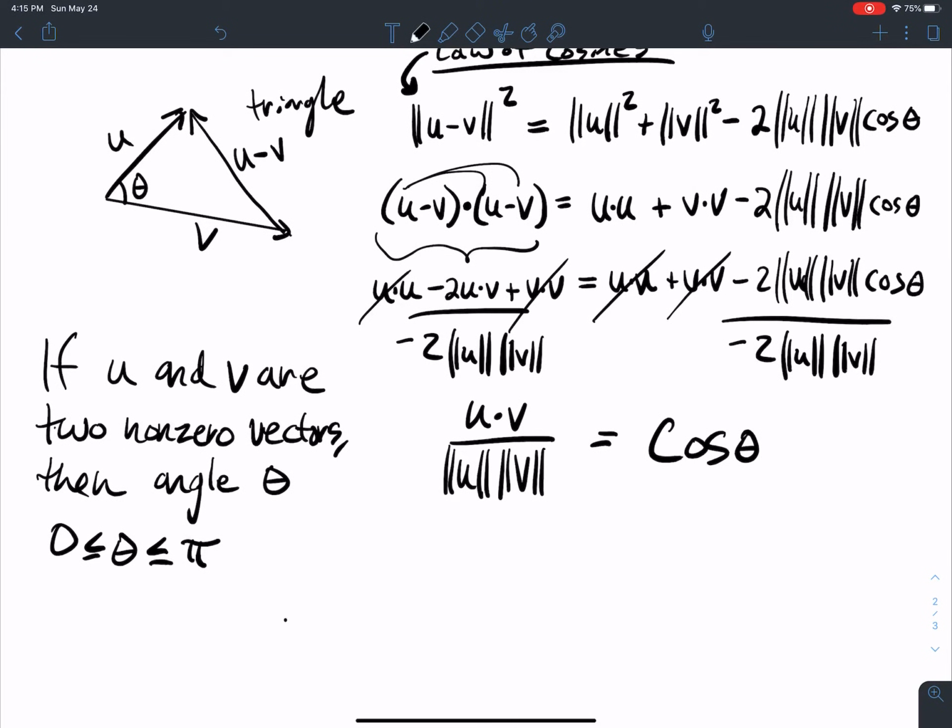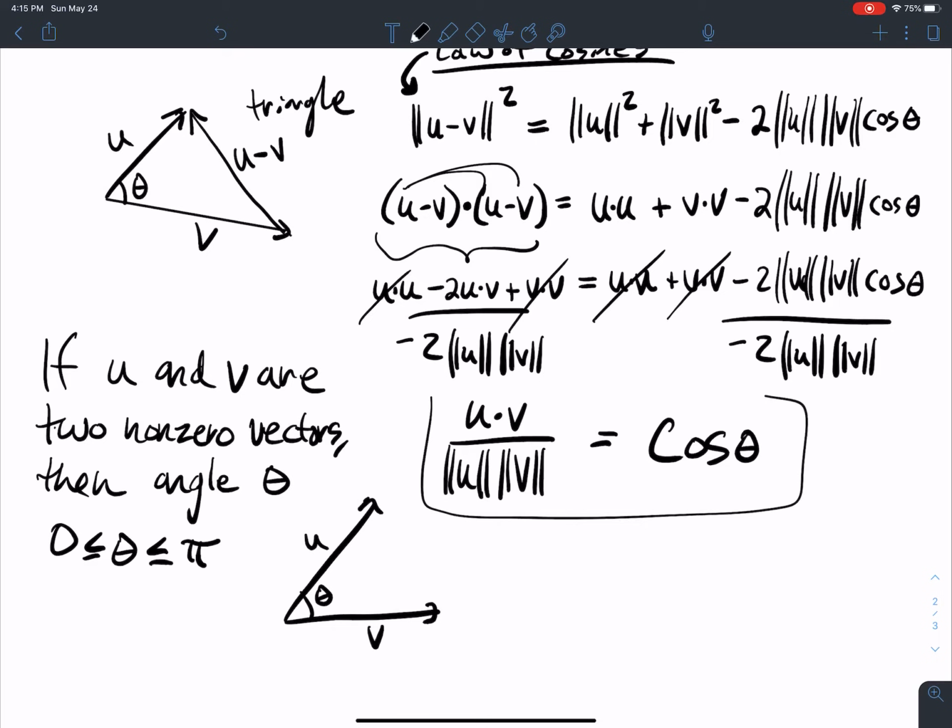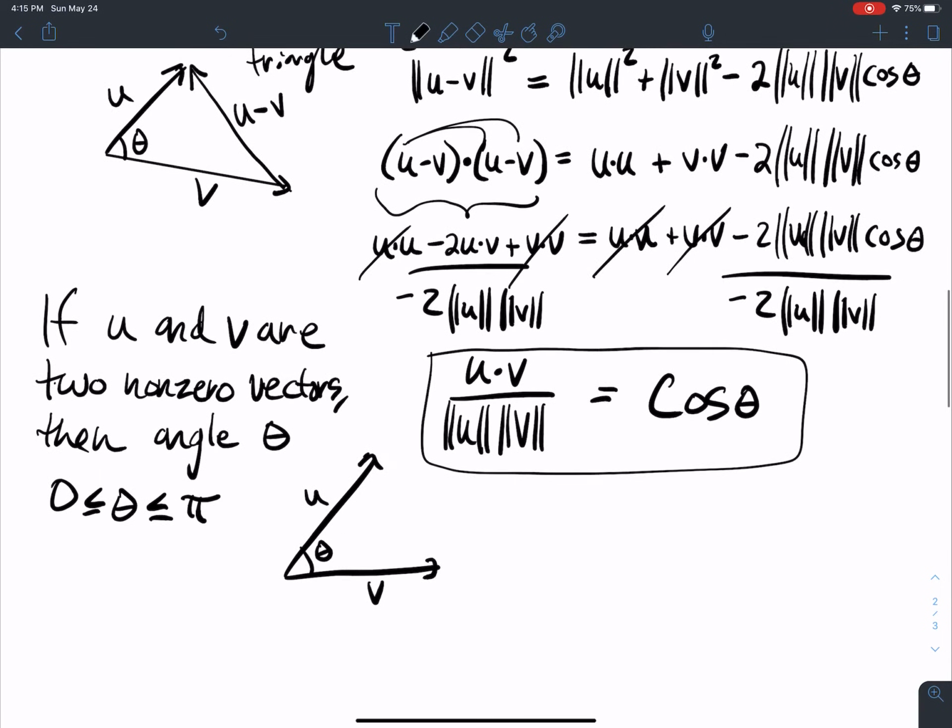Say you got something like this, your u and your v, that's that angle theta. So this is my formula to get theta.